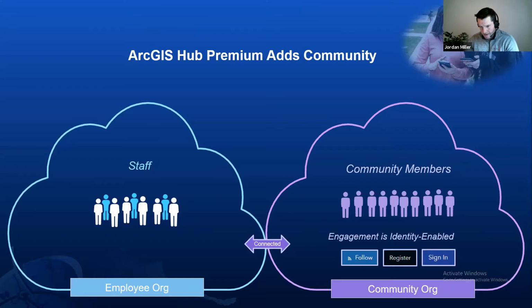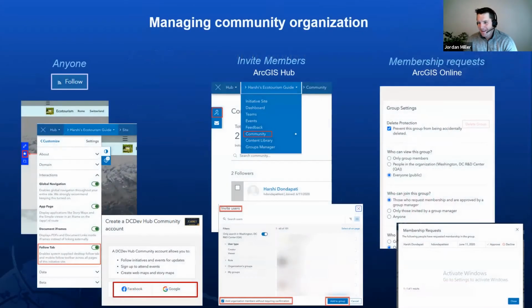But as soon as they sign up, it gives them an ArcGIS Online user in the community account, not in your organizational account. And then from there, that administrator will have the ability to curate their experience. Hopefully that makes sense. Jump in if anything sticks out. We can cover it while we're on this topic.